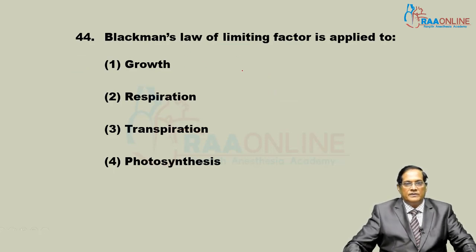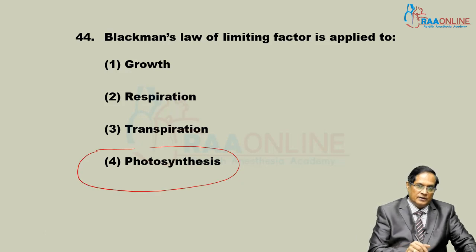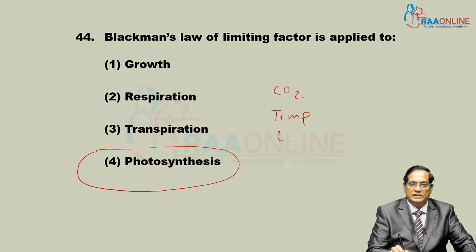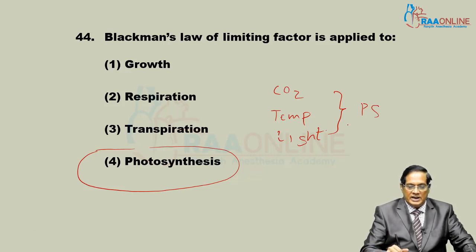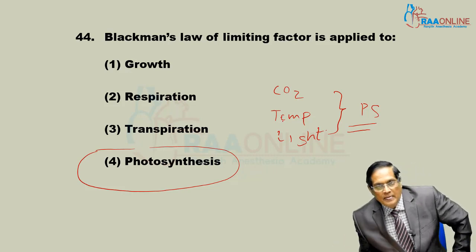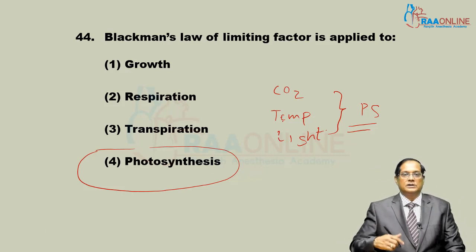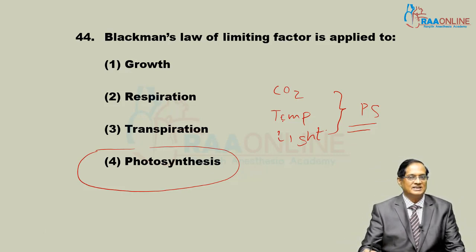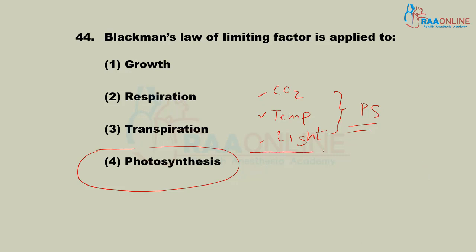Blackman's law of limiting factor is applicable for photosynthesis. That is, if a process is affected by a number of factors like carbon dioxide, temperature and light, and they have an effect over the photosynthesis process, then the rate of the process is regulated by that factor which is in minimum in those conditions.